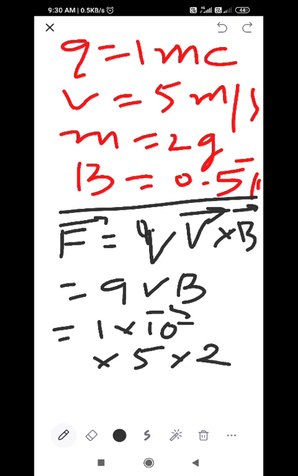We convert it into kgs. Substitute the value of B, it is 0.5. We multiply, we will get 5 into 0.5, it is 2.5 into 10 raised to power minus 3.